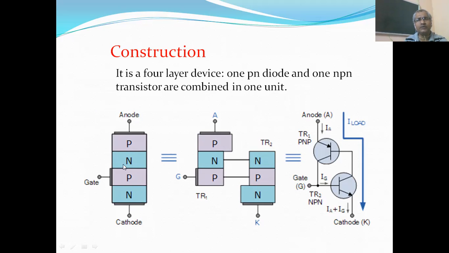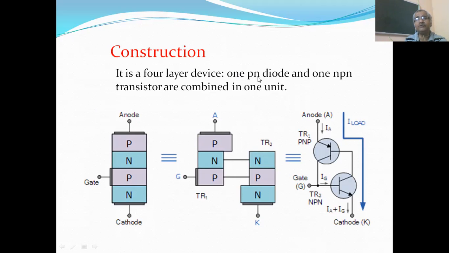From the emitter of this NPN transistor, the terminal is taken out, and it is called the cathode. So this N region acts as a collector, this P region acts as a base for the transistor, and this N region acts as an emitter for this NPN transistor.